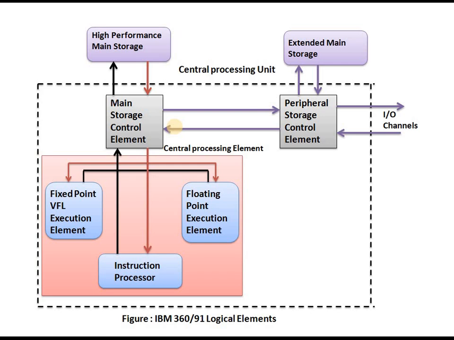Functionally, the processing unit consists of the following major logical elements: the instruction processor, the fixed point and variable field length execution element, the floating point execution element, the main storage control element, and the peripheral storage control element.